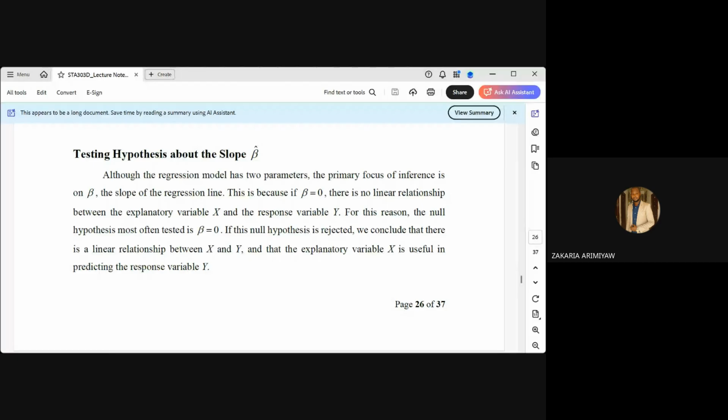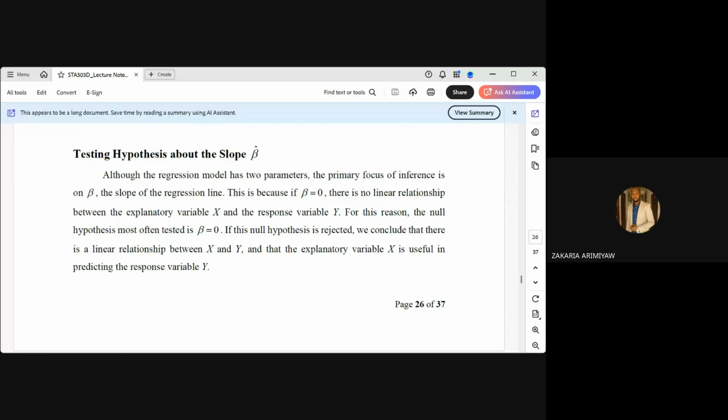So it is important to conduct the test of significance for beta because of the role it is playing. It is based on beta that we are able to have the connection between x and y. Most tests of hypothesis are about the coefficient of x and not the constant term alpha.